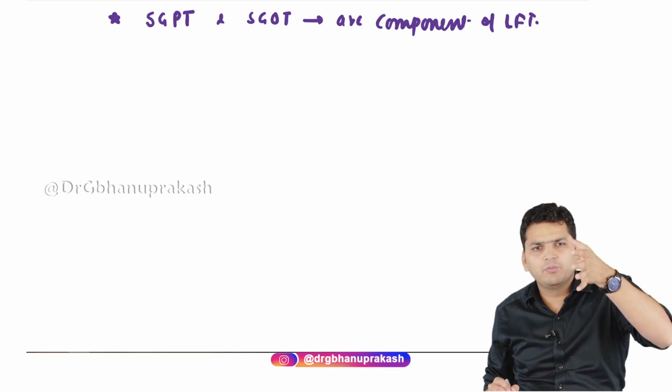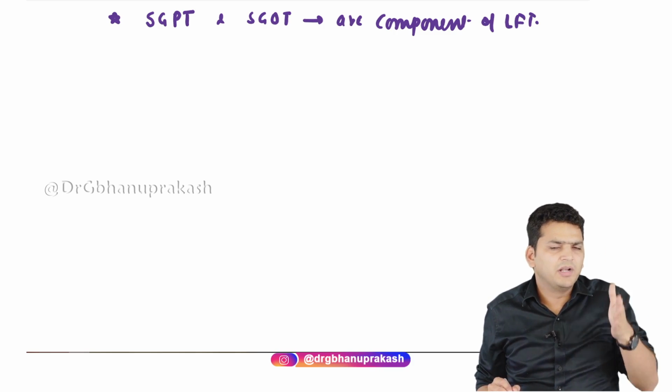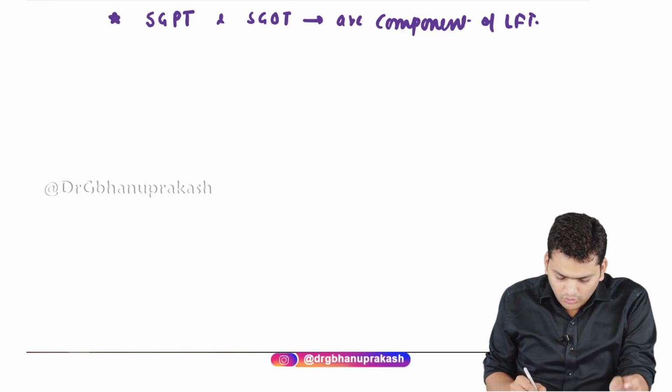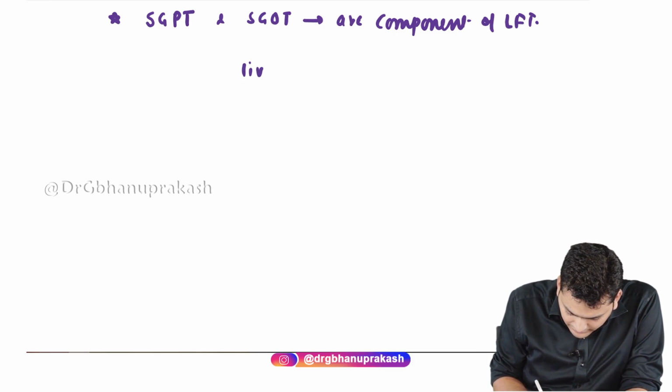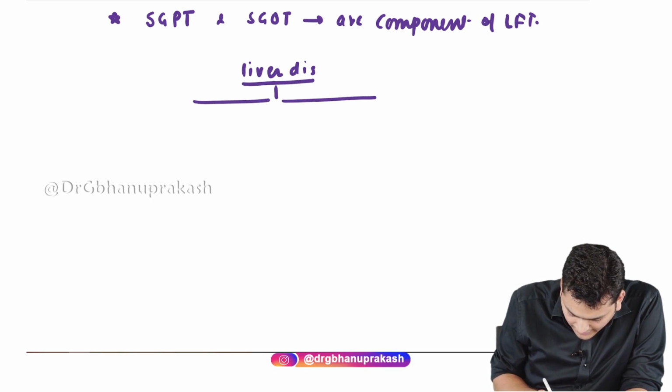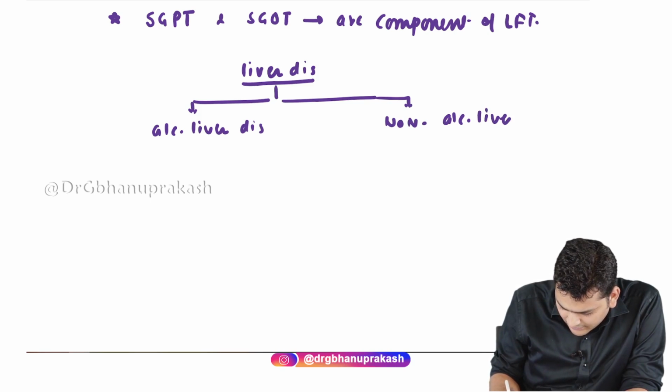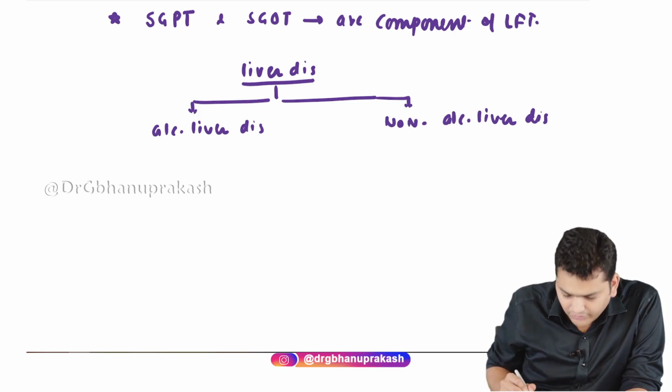You may have seen in the reports SGOT, SGPT, bilirubin, albumin, they all are components of LFT. So what I can say is, whenever it is a liver disease, it can be divided into two categories. It can be alcoholic liver disease or non-alcoholic liver disease.